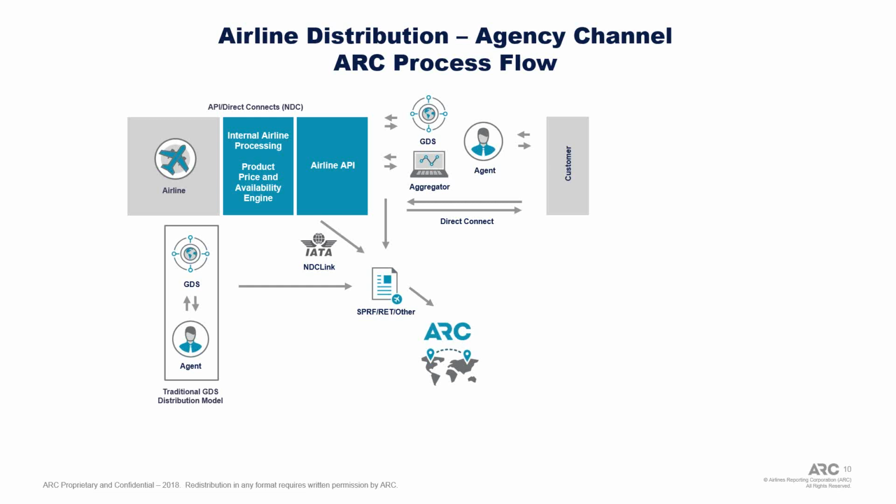If they want to send a sales file to us, either for reporting purposes or to settle cash form of payment, to settle upfront commission, we can do that. Again, I mentioned IATA's NDC link tool, so we can take in the RET file. Hopefully, at some point, we're actually going to be testing. So we'll be able to take in files from really any of the parties that want to send a file to us.